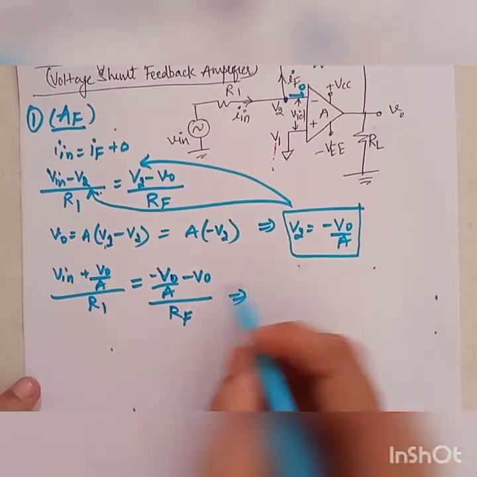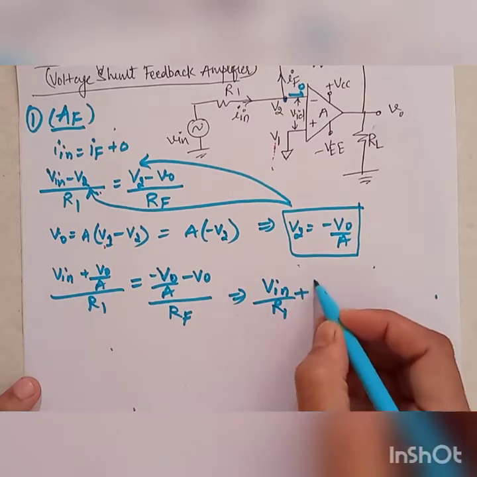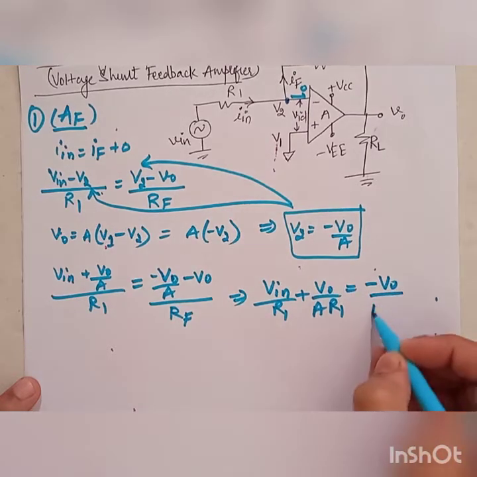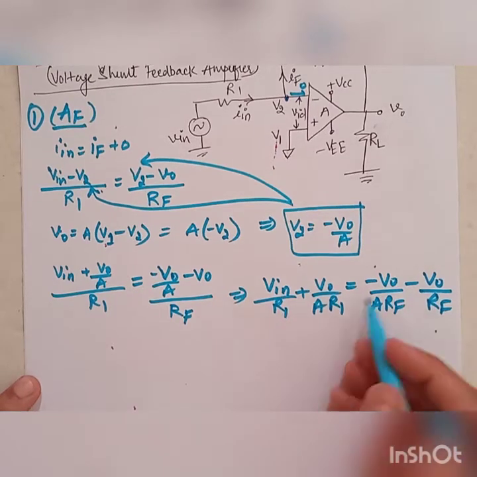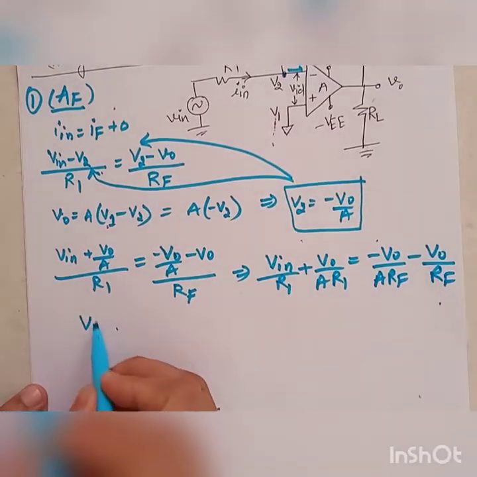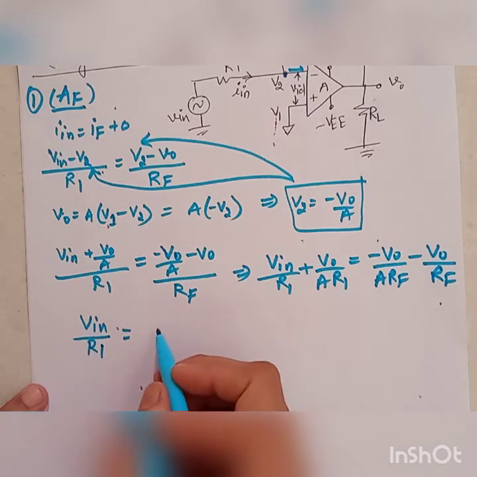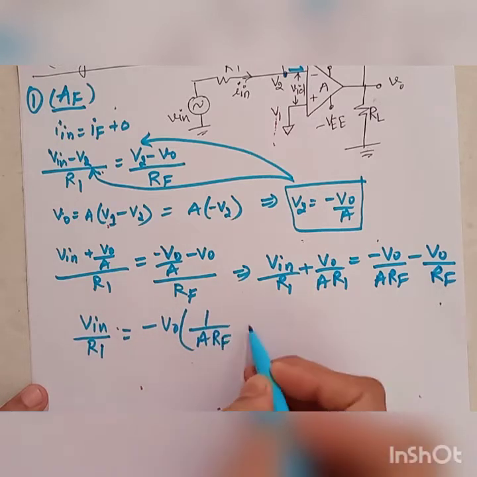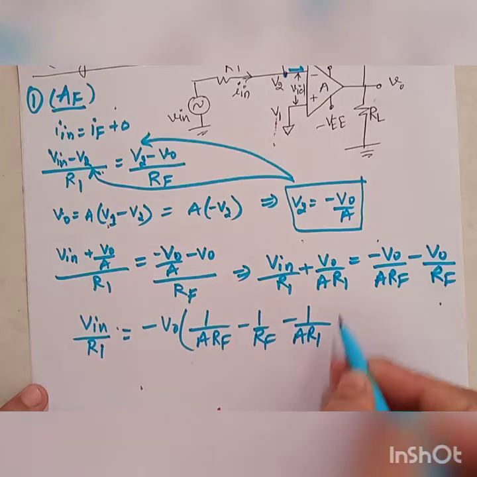Now what I will do next is I can write this as V in by R1 plus V0 by A R1 is equal to minus V0 by A RF minus V0 over RF. Now I will take all the V0 terms together. So V in by R1 is equal to minus V0 times 1 upon A RF plus 1 upon RF minus 1 upon A R1.